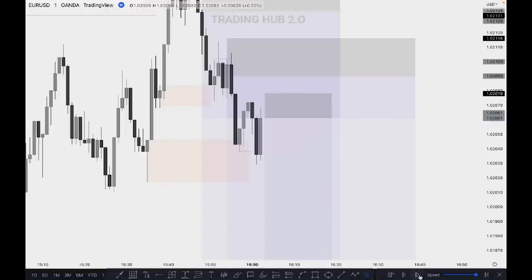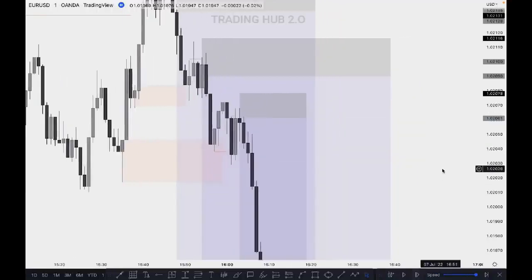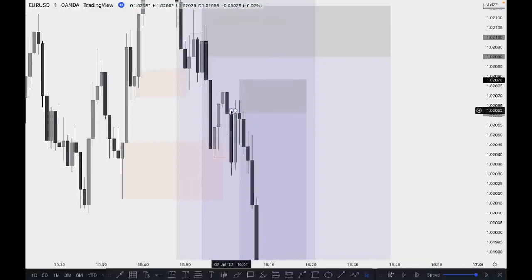Now let's see. You can see how price works smoothly here. Market swept this previous high, took out this high and closed below it, and we can enter on the next candle, which is here, and put the stop loss just above it, okay.